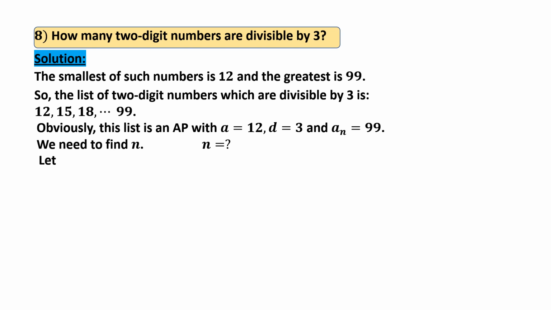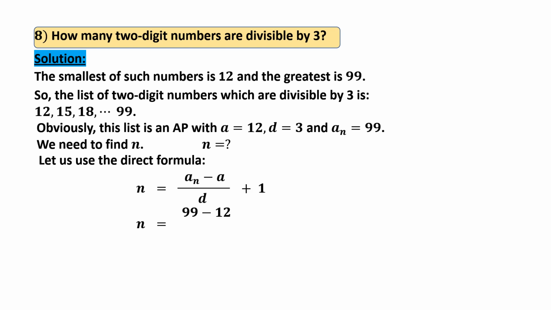N is what? Let us use the direct formula. You can use the formula AN equals A plus (N minus 1) into D and simplify it to get the value of N. But this is easier. N equals (AN minus A) divided by D, plus 1.